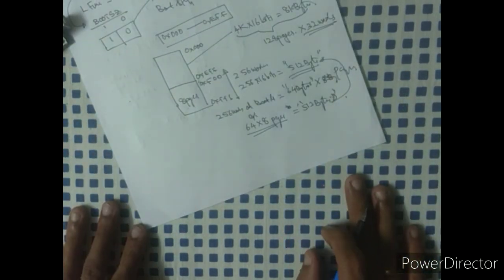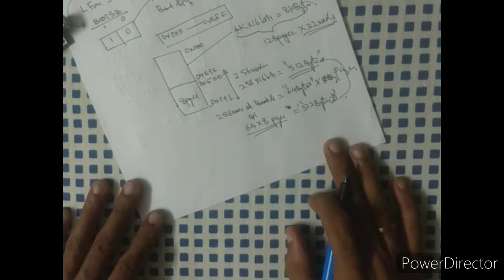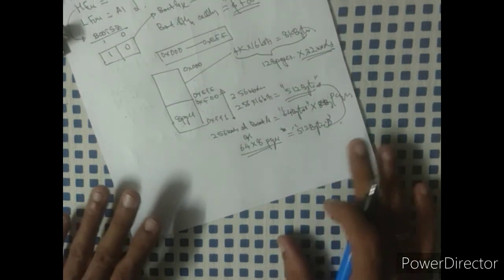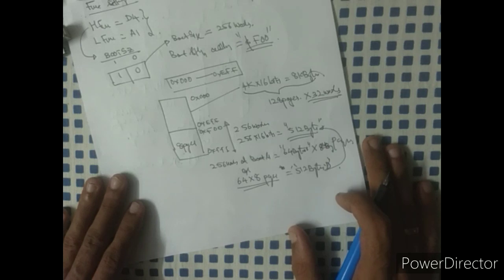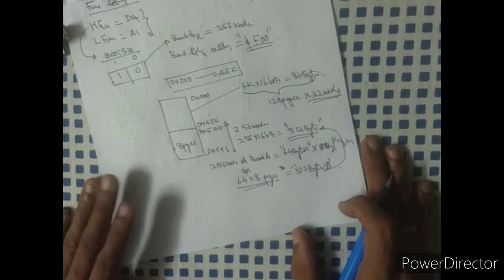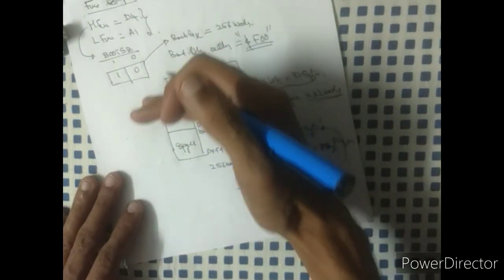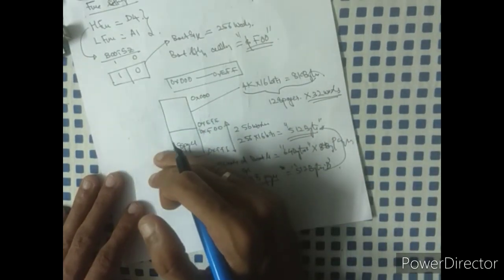Okay, so this is the much more detailed explanation of how the internal flash memory is distributed between the application code as well as the boot space.